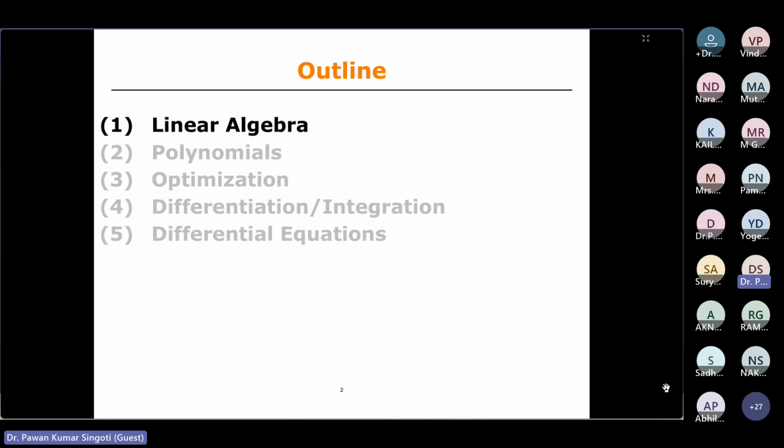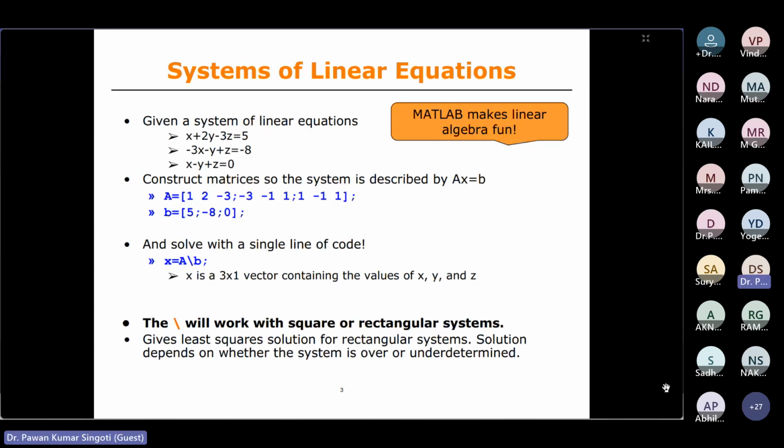As in the last class, I discussed linear equations and how to solve them. Suppose we have three equations and three unknowns. What we have to do is make an A matrix and a B matrix. The A matrix will be the coefficients available on the left hand side of the equations.